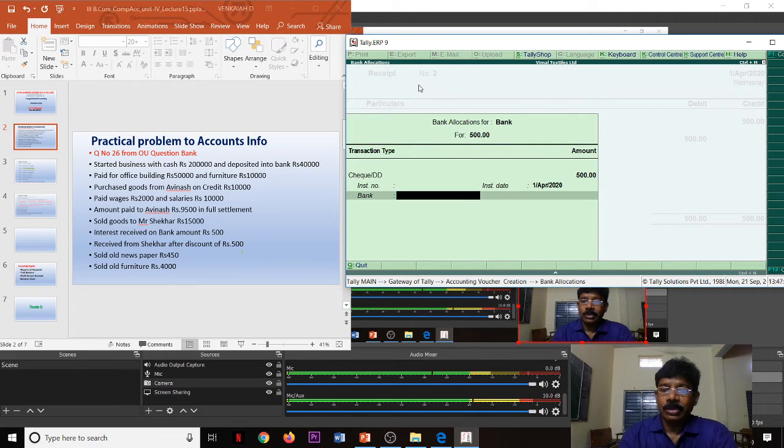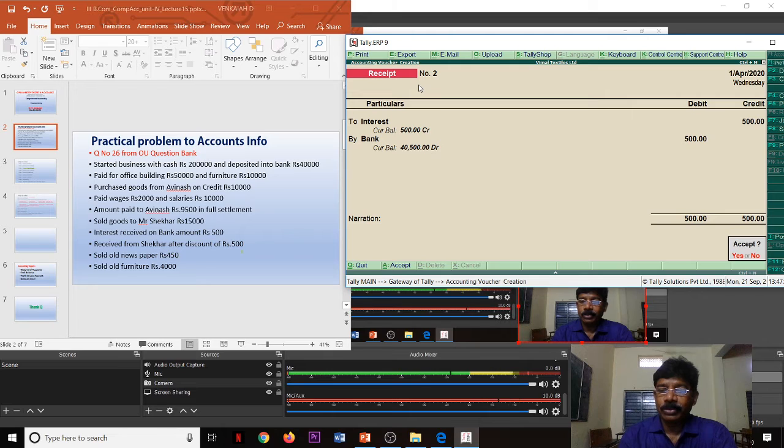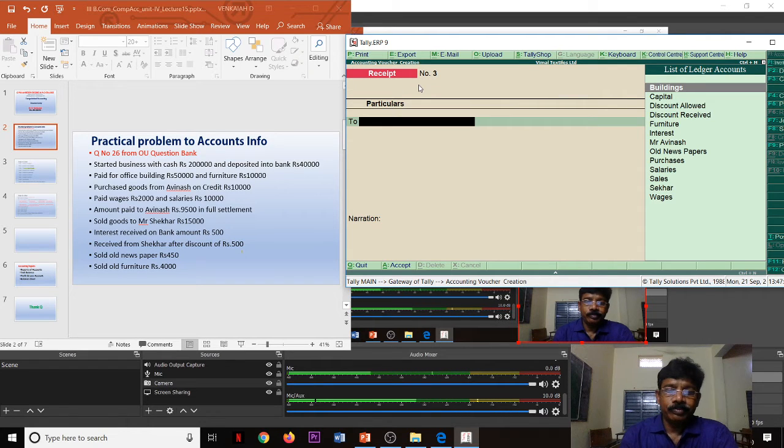Check details and other information are asked for record purpose. Received from Shekhar after discount of 500. Shekhar amount is 15,000. We received 14,500. Receipt voucher.